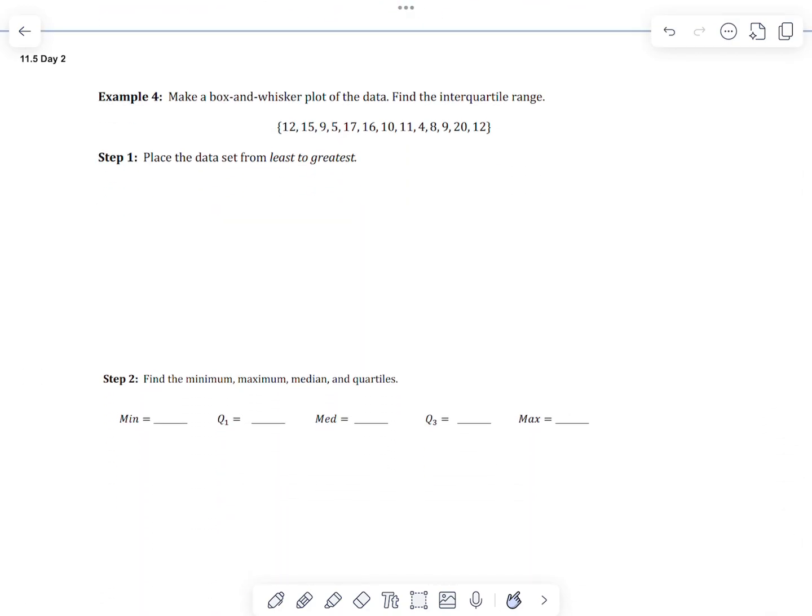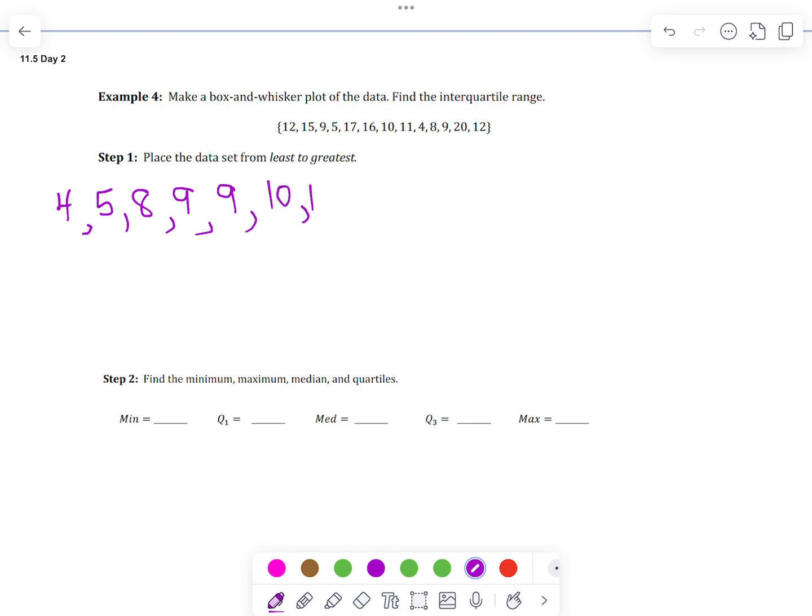All right, let's go ahead and do one together now. We want to create a box and whisker plot for this data set. So let's find the smallest to largest: 4, 5, 8, 9, 9, 10, 11, 12, 12, 15, 16, 17, and 20.